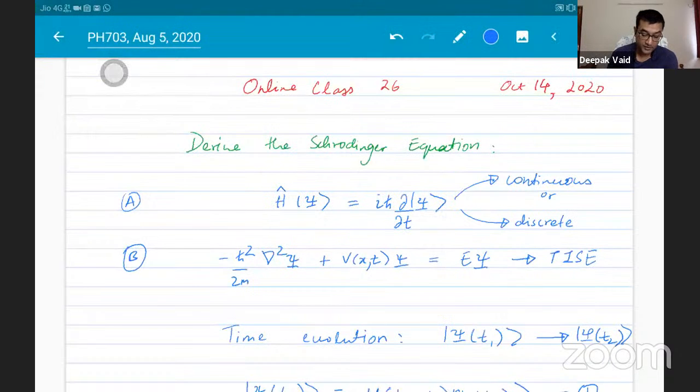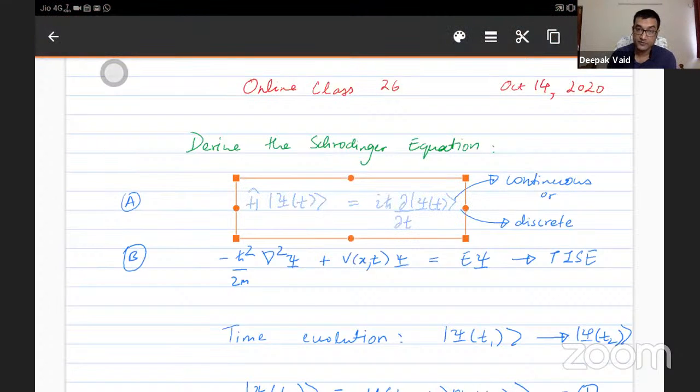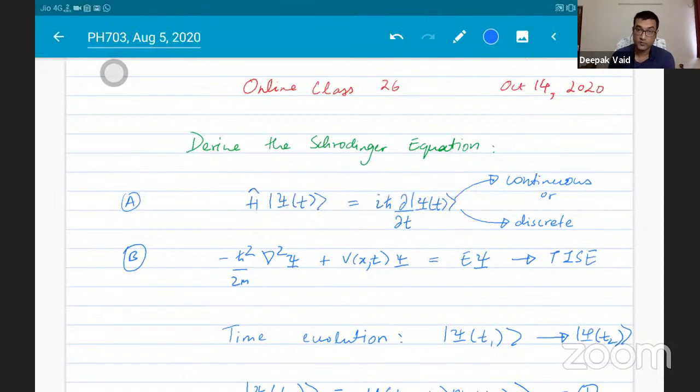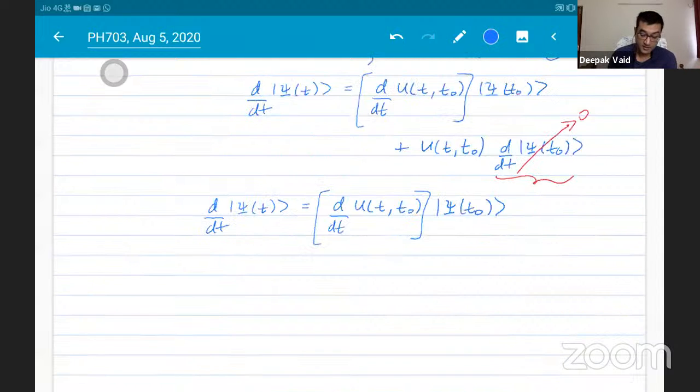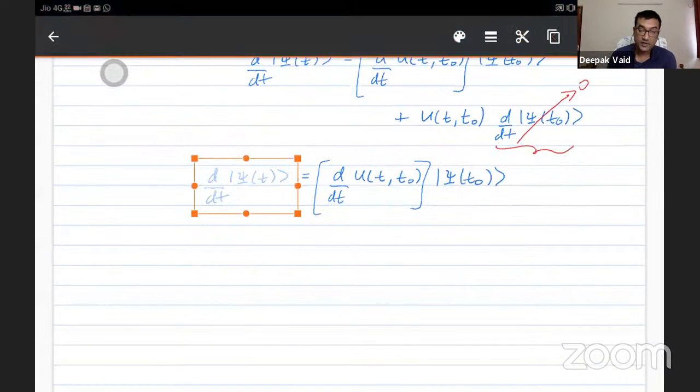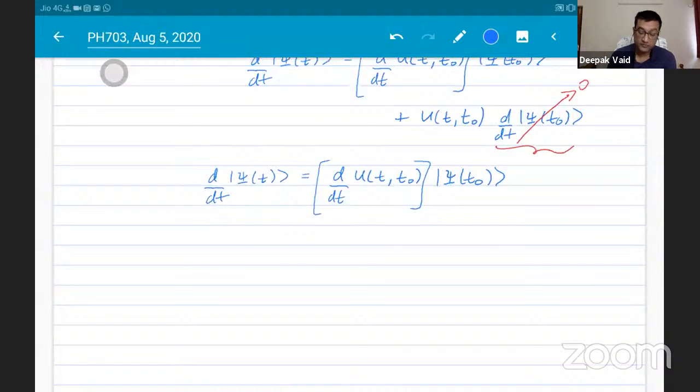This equation tells me that this Hamiltonian acting on psi at the time t is equal to the time derivative of that psi at the same time t. So this is an eigenvalue equation, if you remember. In an eigenvalue equation, you need to have the same vector, the same state on both sides. So we have the state psi of t on one side. We want to put psi of t on the other side.